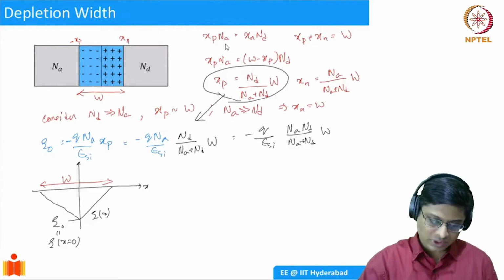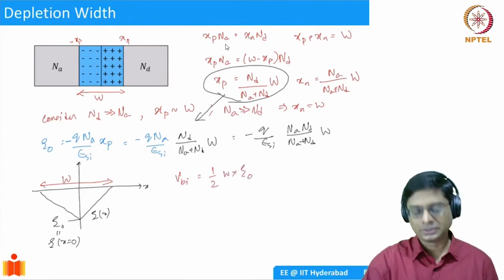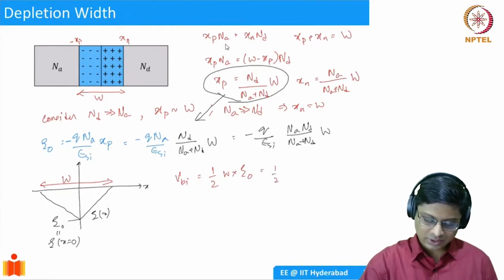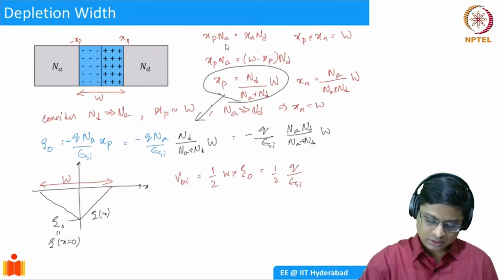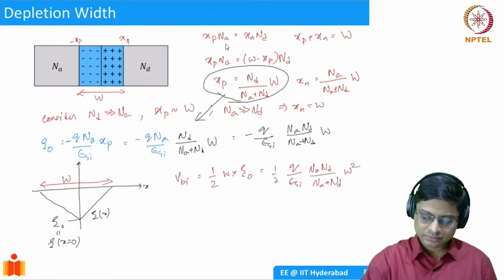So now what is VBI, the built-in potential? It is going to be simply half base into height, the area of the triangle. So that is going to be half. What is W anyway, we want to find out. The electric field was, I'll take the positive number, I don't need the negative sign, epsilon silicon NA by Na plus Nd times width squared.